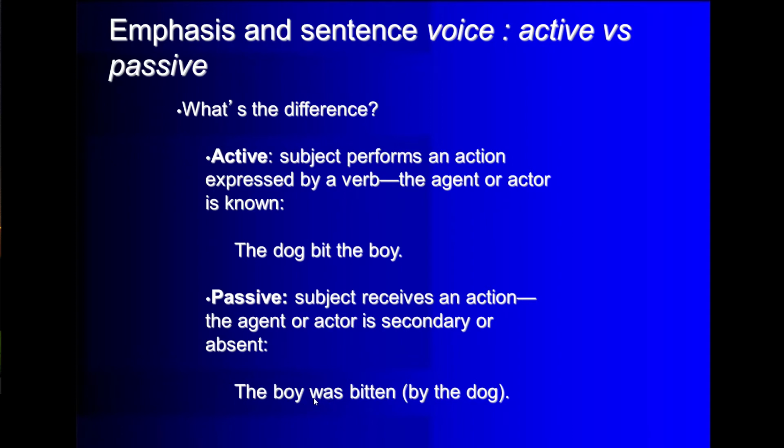So whenever you see the verb to be, is, was, any of the forms of the verb to be, followed by a past participle, right? You know you're in passive territory and not active territory, right?